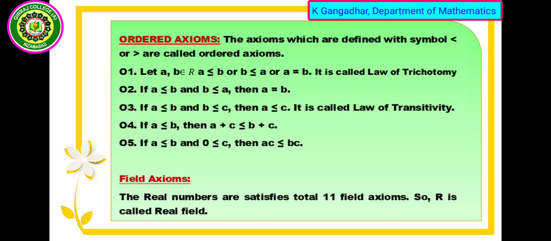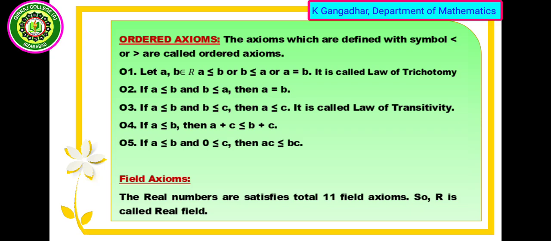So these five properties we define with the symbol less than, and they are called order axioms. The real number system satisfies these five properties, so we say that the real number system is an ordered real number system.